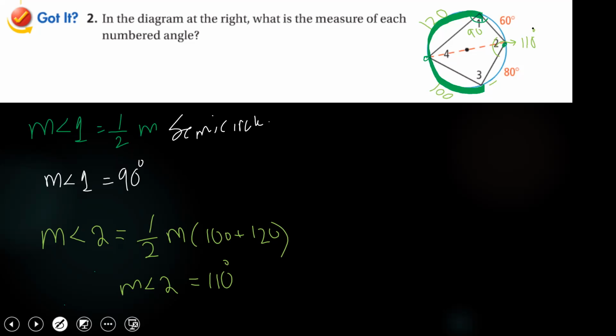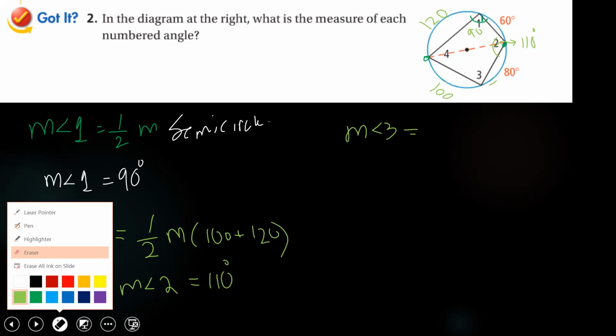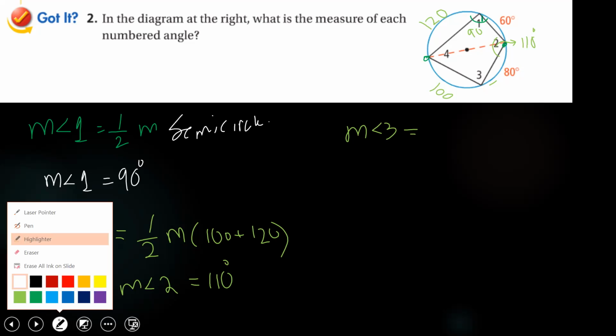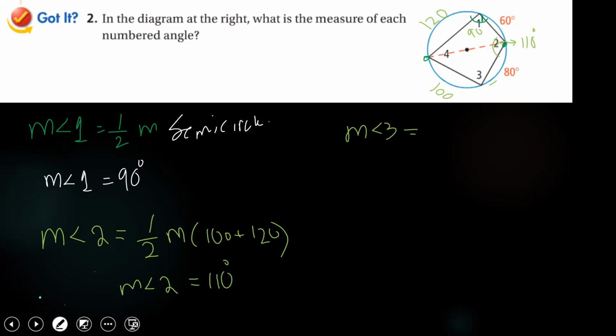Now, let's find the measure of angle 3. Where's angle 3? It is here. Where's its intercepted arc?